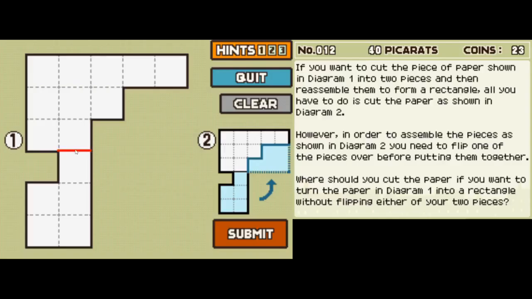And without ever having to flip any of the papers over, all I gotta do is turn this part right here this way, and then this part right here rotate it right, and then this one rotate it right. I think that should complete the puzzle.